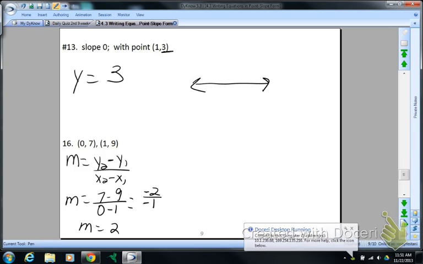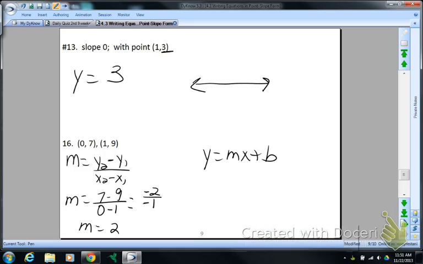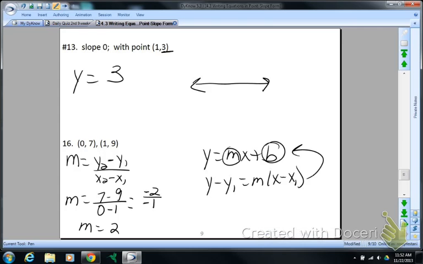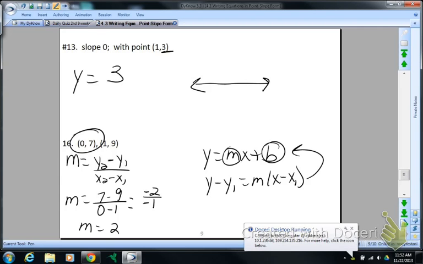Now, the direction says to put it in slope-intercept form, where we have to identify our m and our b. And we have to use the point slope formula to simplify down to this if we are not given our b. But look very carefully at number 16. Look at the point (0, 7). What is that?